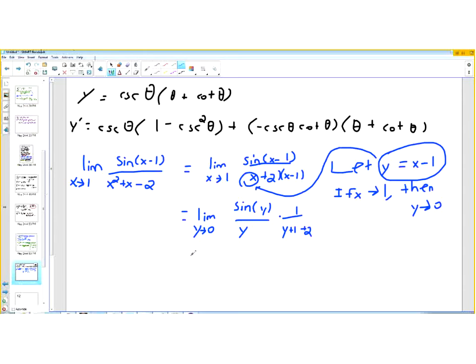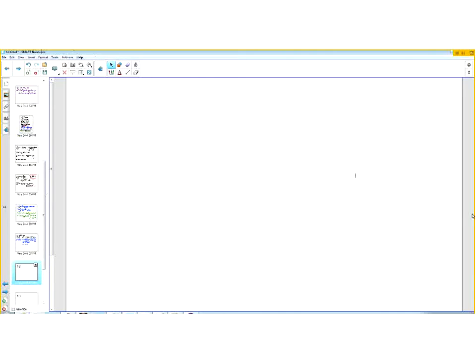Now you can readily see that this is simply 1 times, I won't go through the explicit details of the limit laws, but this would be 1 over 1 times 1/3 after direct substitution. And of course, you know what this limit is. That's 1. And you can use direct substitution for this factor, and that's 1/3. So the answer to this problem would be 1/3. Okay, let's see if there are any more problems we can work in this section.